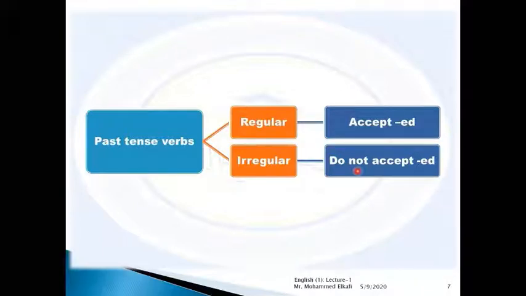From are, we have were. From drink, drunk. From go, went. So we call them irregular verbs. Why are they irregular? Because here we do not add ed. They do not accept ed. But in the regular forms, we will find ed in the past forms. In the irregular forms, we will not find ed at the end of the verb in the past form.